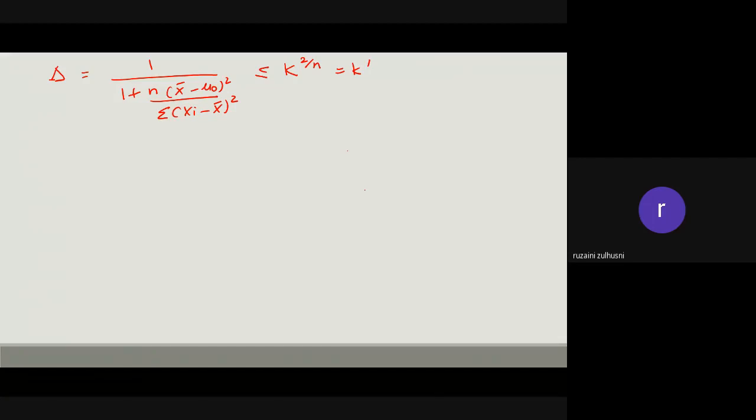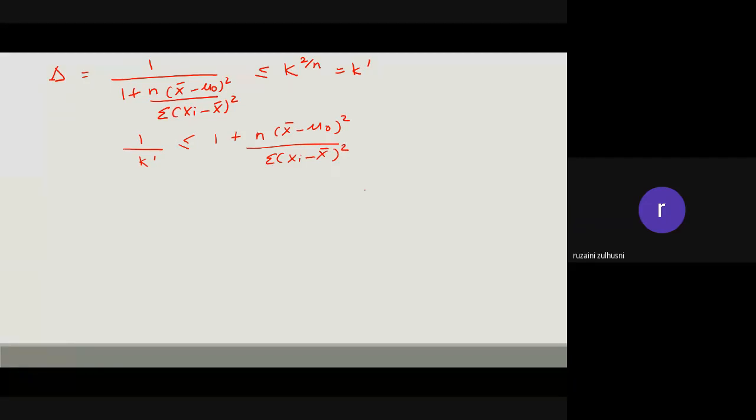Okay, so rearrange back. So what do we bring? Okay, I just bring this one: 1 over k prime less than or equals to 1 plus n x bar minus mu naught square over summation xi minus x bar square. Okay, so now we will have 1 over k prime.